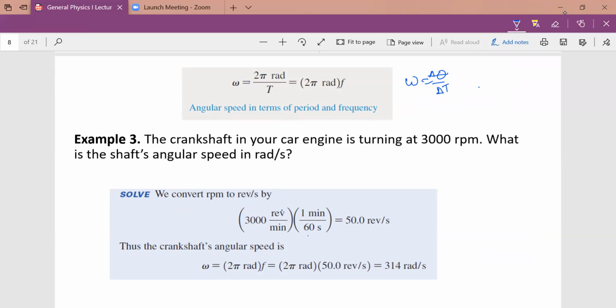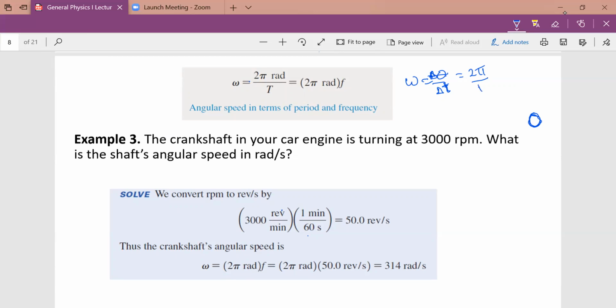Now, first of all, remember that this theta is actually equal to 2 pi rad, and change in t, for 1 revolution, which is 2 pi rad, is the definition of period, which is the time taken to complete 1 revolution.